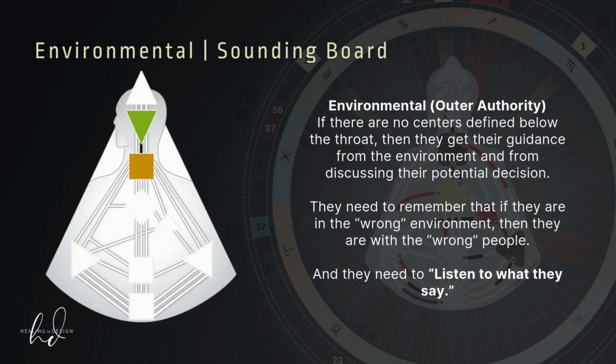Environmental authority. Your decision-making tool is called the sounding board. Your authority requires that you discuss a decision at hand, ideally one-on-one, with people you trust. The more opportunity you have to openly discuss your options, the more apparent your choice will become.